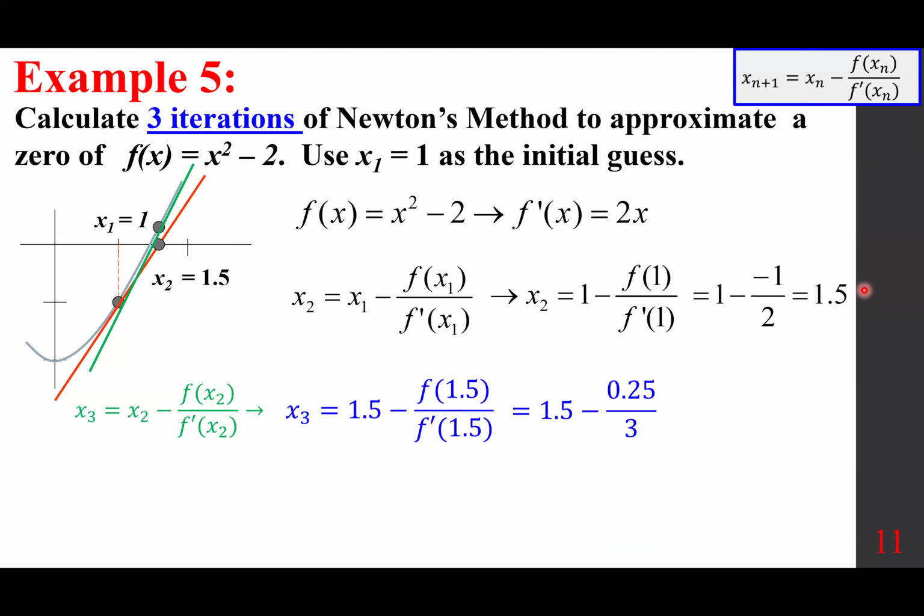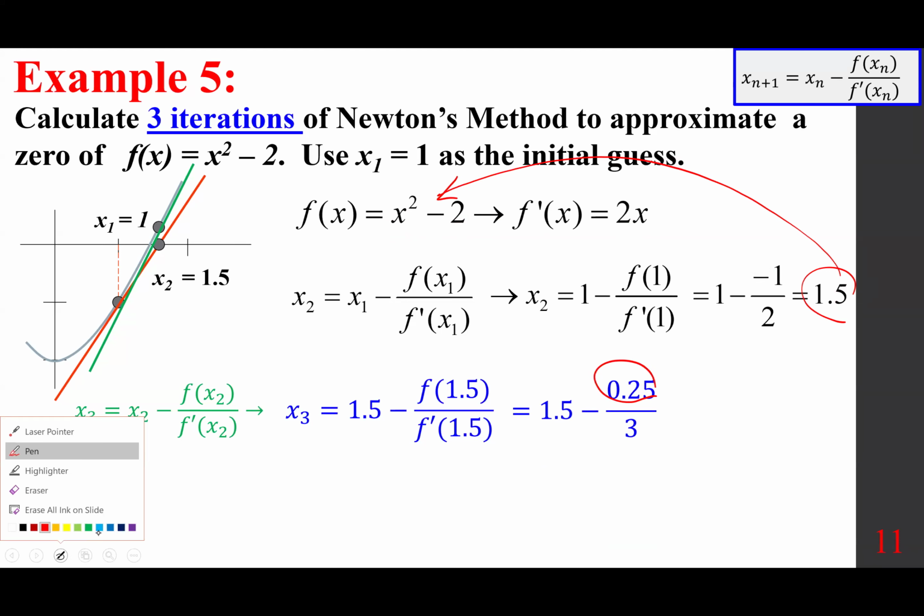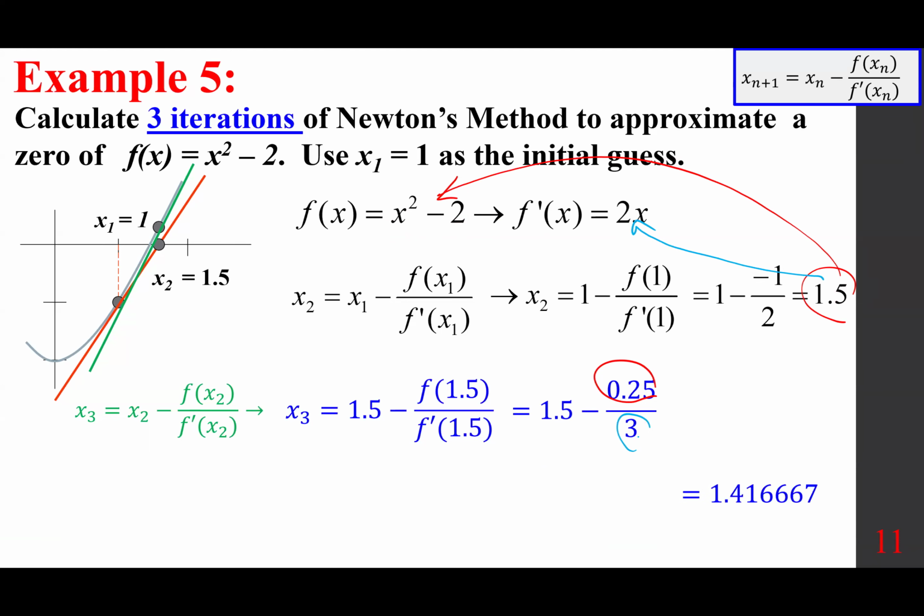So class, please understand, 1.5 goes into this, gives you 0.25. Goes into this, gives you 3. So you get 1.41666. You use a lot of decimals, okay? Normally they give you how many decimals? We need one more because one was given. We came up with the second one, the third one, and now the fourth one.